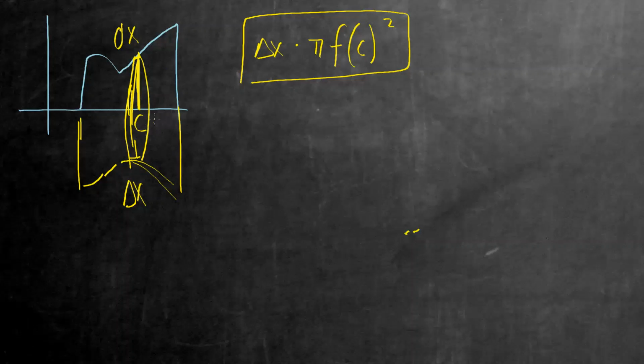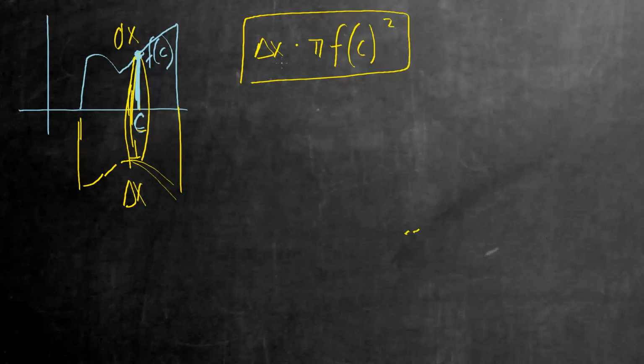If this is c, let's see if I can get another color. If this is c, then its height here is f of c. So its radius is f of c, radius squared, pi r squared, every single time.